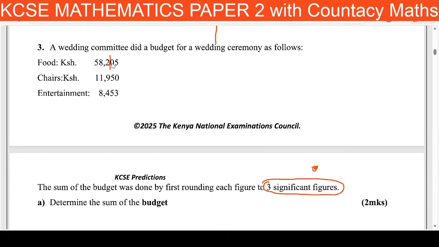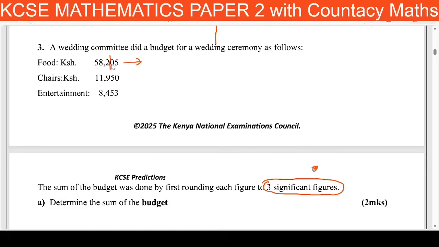If it is 5 or more, we add a 1 here and then we put zeros after. But if this number is not more than 5, we retain all the numbers as they are, but everything after this mark will automatically become a 0.